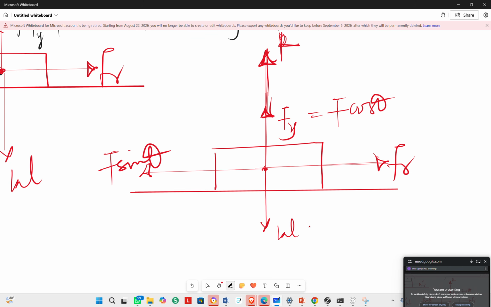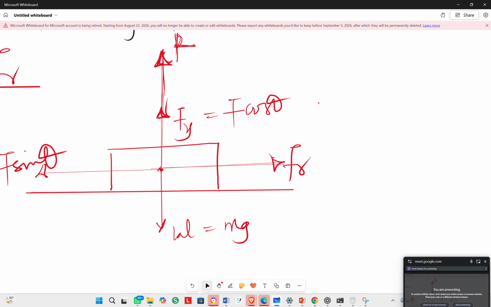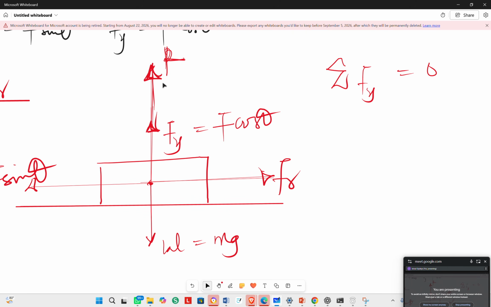This is your normal weight there, which equals mg. So you go back to the fact that the summation of the forces along vertical, f of y, equals zero. Why? There's no acceleration along the vertical axis. So at the end of the day, on the positive y you have R and f of y.